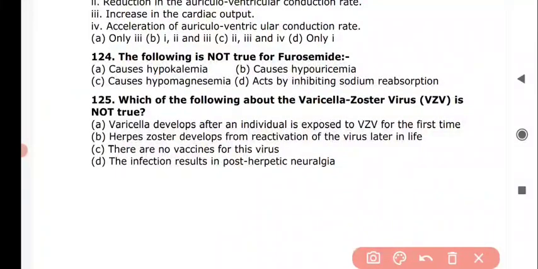Next question is, which of the following is not true for furosemide? And the correct answer is option B, causes hypouricemia. Next question is, which of the following about the varicella zoster virus is not true? And the correct answer is option C, there are no vaccines for this virus.